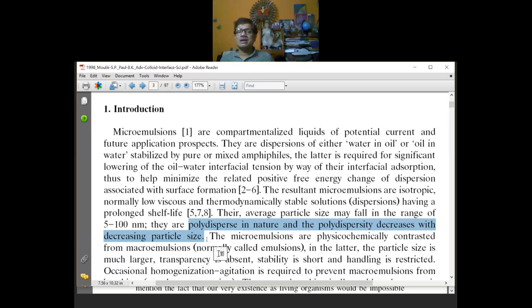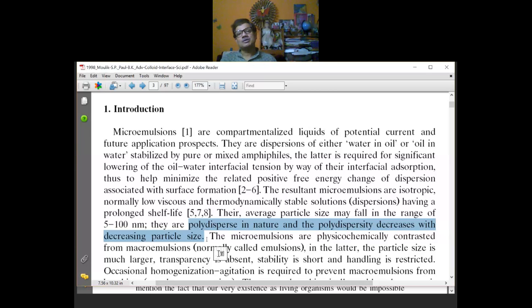Now, how can I differentiate a microemulsion from a macroemulsion? Macroemulsions are normally called emulsions. I have already told you that milk is an example of a naturally occurring emulsion. But take the hair oil that you use; you get some beautiful fragrances, and it is not sticky.